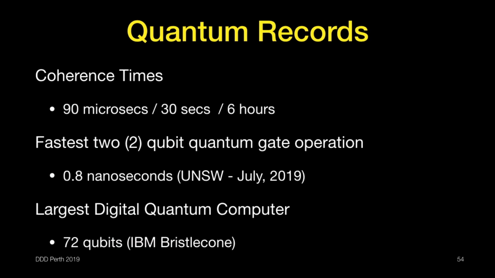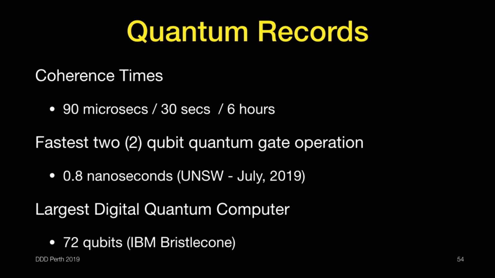In fact, there are some current records in quantum computing. The record for coherence time, keeping in that quantum state, is 90 microseconds. It's not very long. Other systems get longer times, but they're not really quantum systems, like the D-Wave ones. 90 microseconds isn't very long, but now we can show that we can actually perform the operations on these qubits very fast.